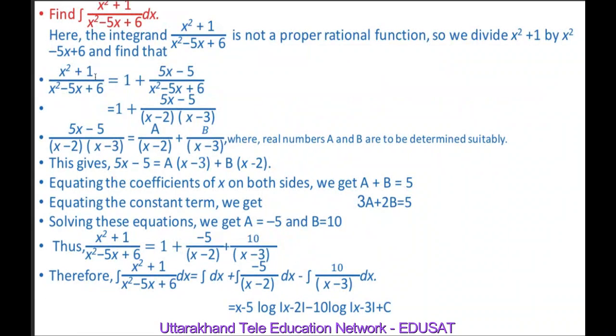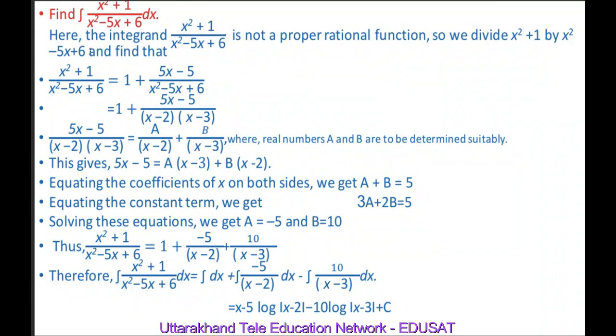Now we will find the integration of x square plus 1 upon x square minus 5x plus 6 dx. Here the numerator is a quadratic polynomial and the denominator is also a quadratic polynomial. So here the power is 2, and here also the power is 2.